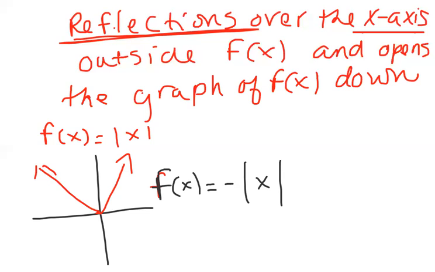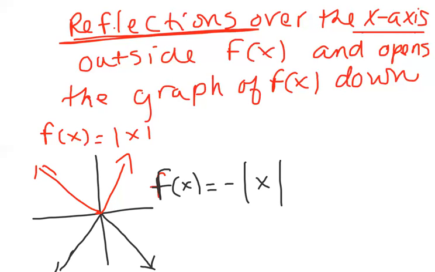So you would no longer have a graph opening up towards the positive side of the y-axis, but instead it's going to open down towards the negative side of the y-axis because every single y value, guys, will become a negative, okay? So basically the x-axis reflection opens the graph downwards towards the negative side of the y-axis.